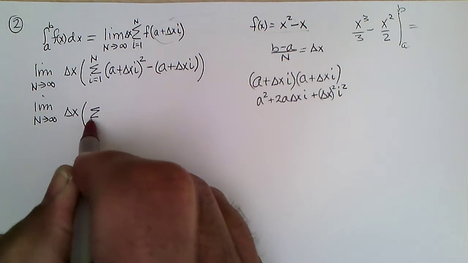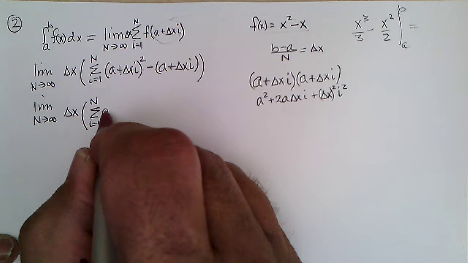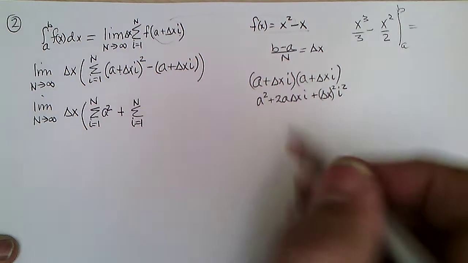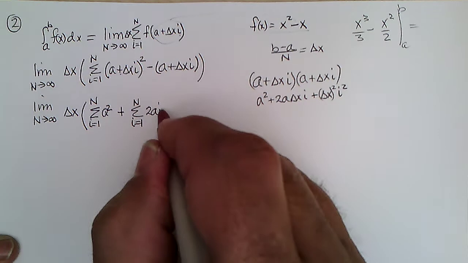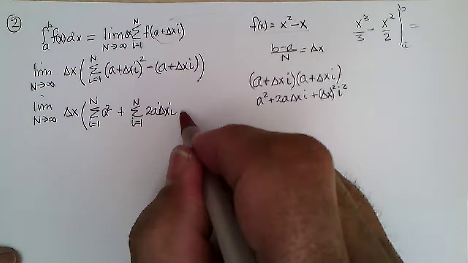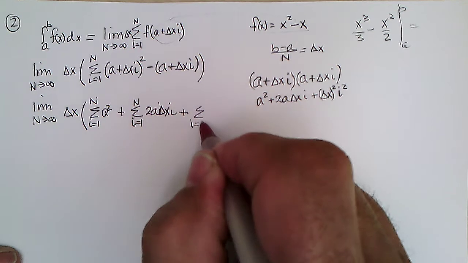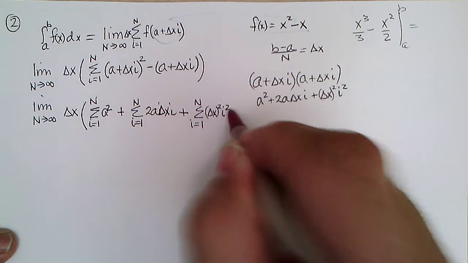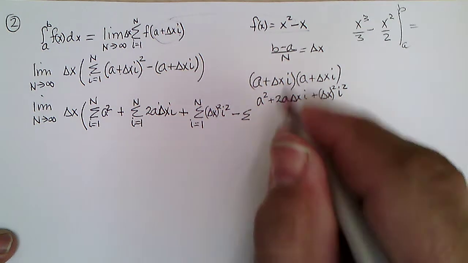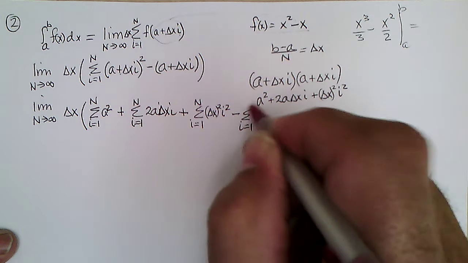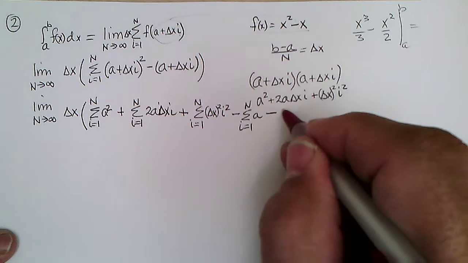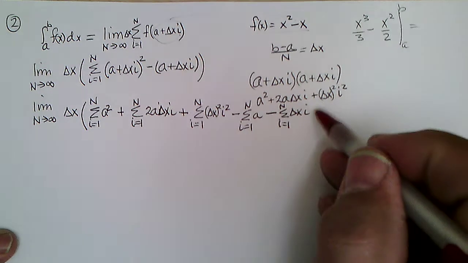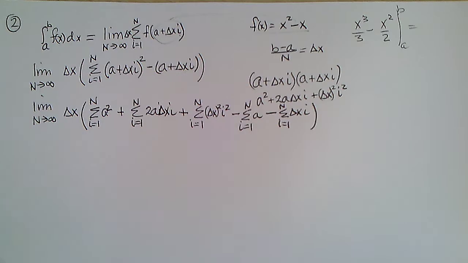The sum as i equals 1 to n of a squared, plus the sum as i goes from 1 to n of 2a delta x i, plus the sum as i goes from 1 to n of delta x squared i squared, minus the sum of a as i goes from 1 to n, minus the sum as i goes from 1 to n of delta x i. Okay.